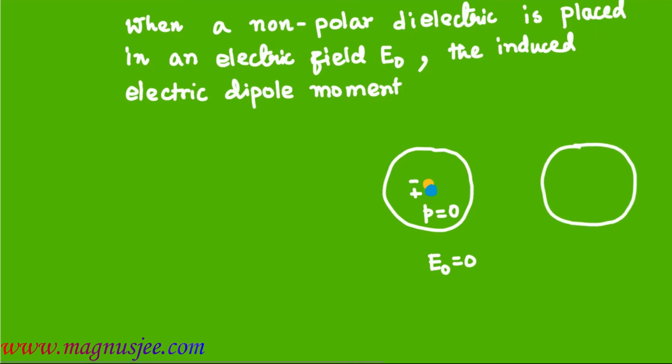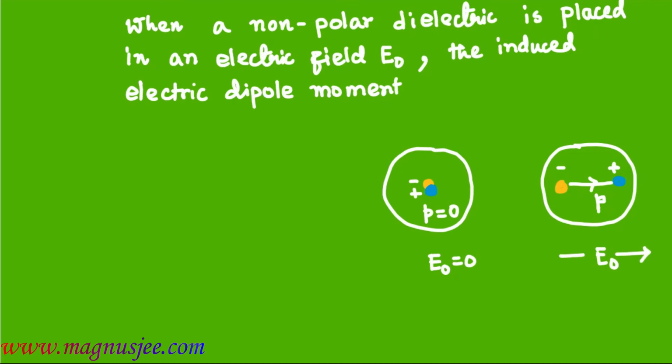But when the same dielectric material is placed in an electric field E0, the center of positive charge will be separated from the center of negative charge. And in this case, a dipole moment will be induced in each molecule of the dielectric.